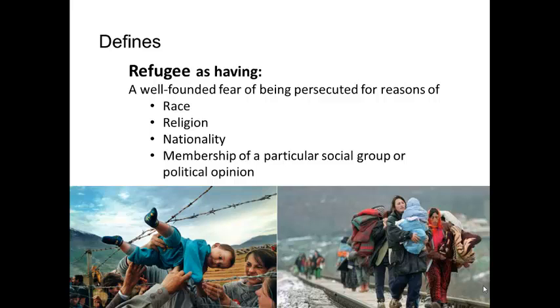Or who, not having a nationality and being outside of the country of their former residence, as a result is unable, or owing to such a fear, unwilling to return to it. So the key idea here is a well-founded fear of being persecuted in their home country.